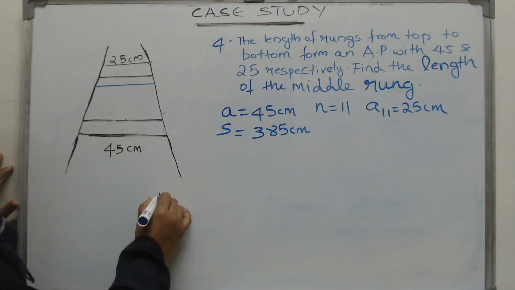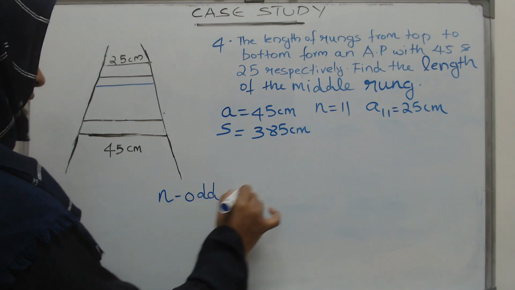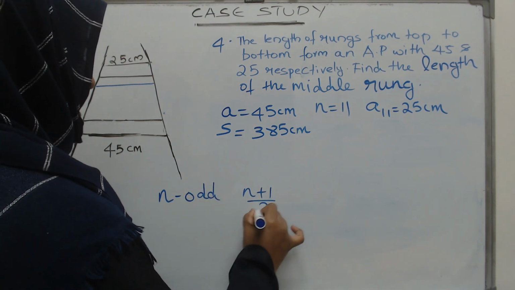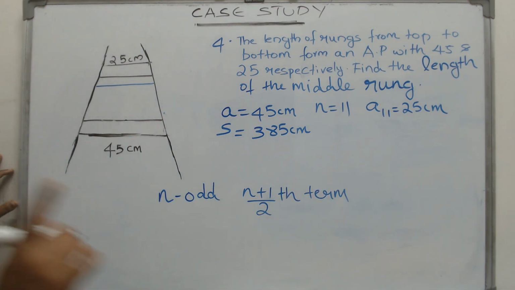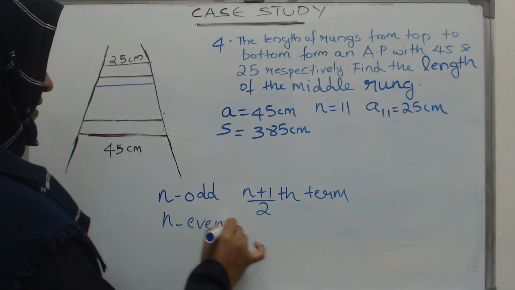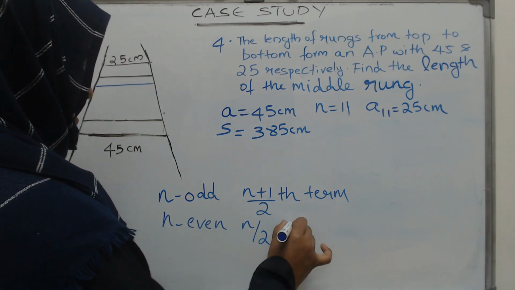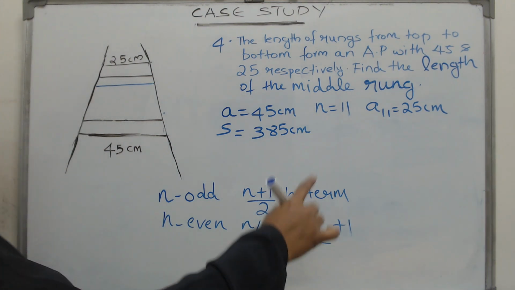When you are given n terms, and if this n is odd, then the (n plus 1) by 2th term will be the middle term. You will have only one middle term. But if your n is even, you will have two middle terms, n by 2 and n by 2 plus 1.